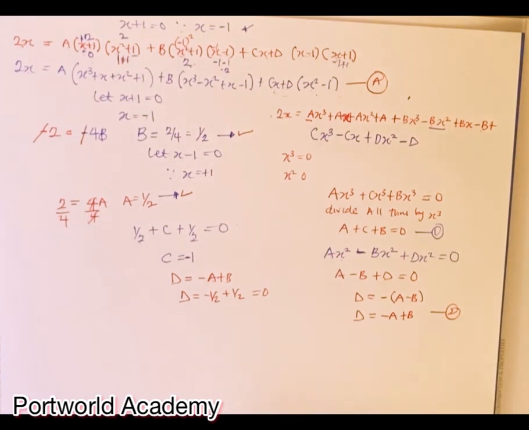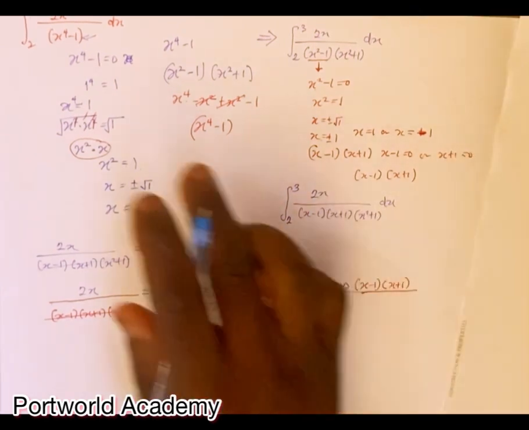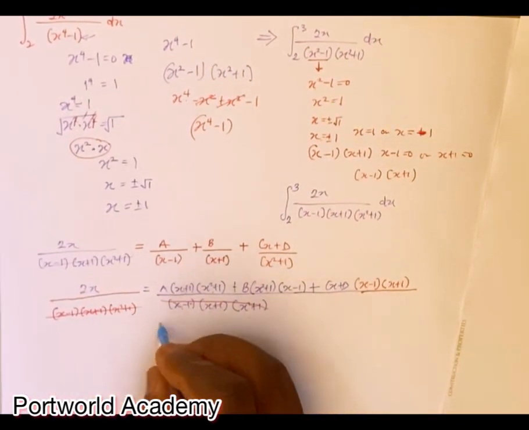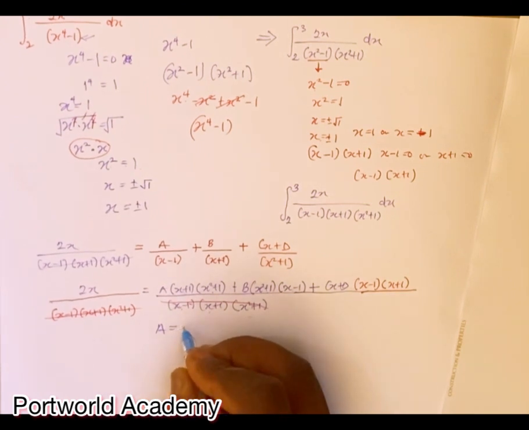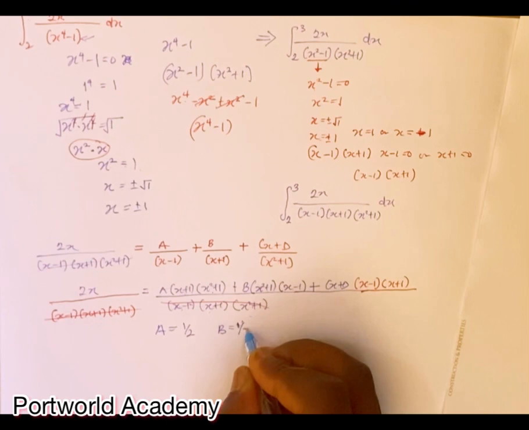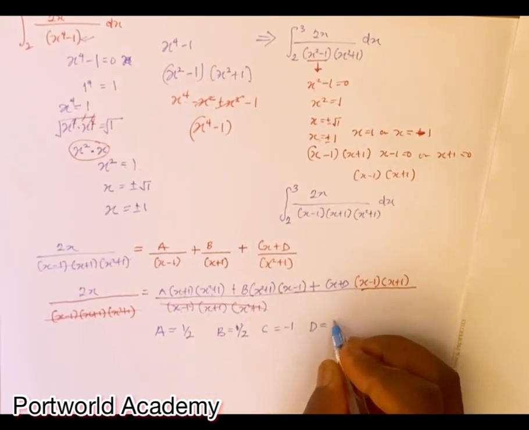So now let's come back to this equation. What is it? This is the equation, right? Here, my a in this case is 1 over 2. My b equals 1 over 2, then my c equals minus 1, and my d equals 0.